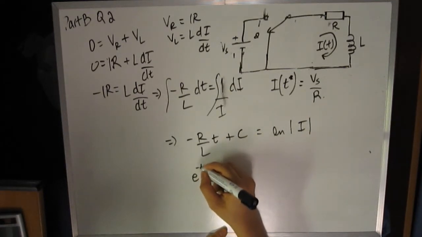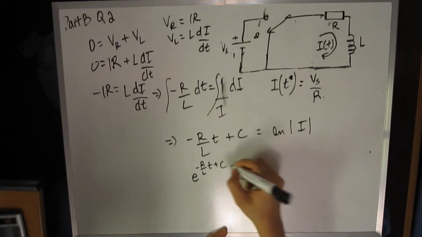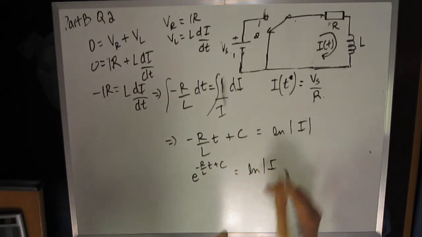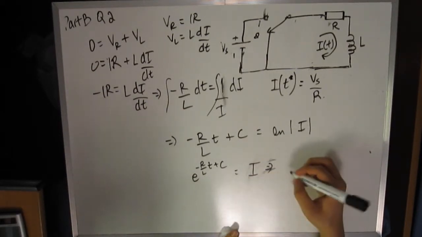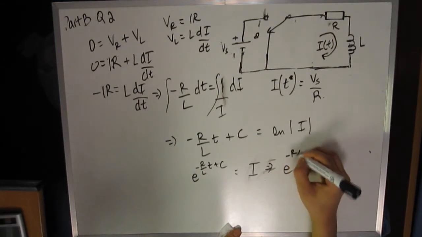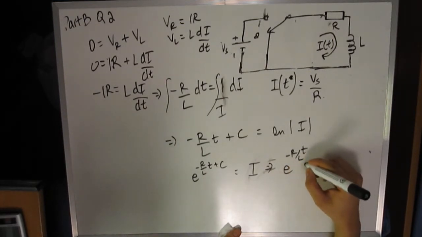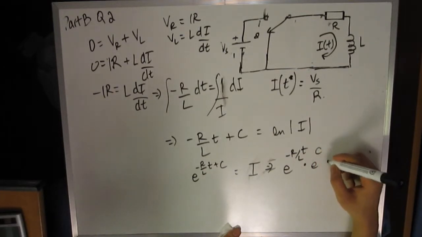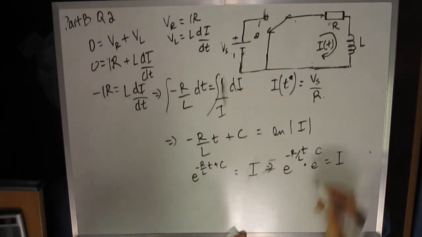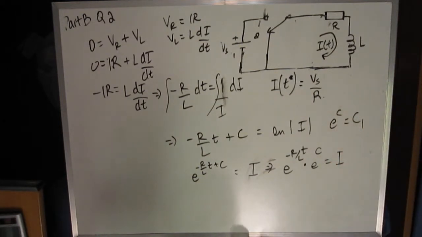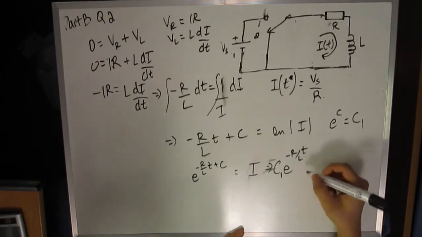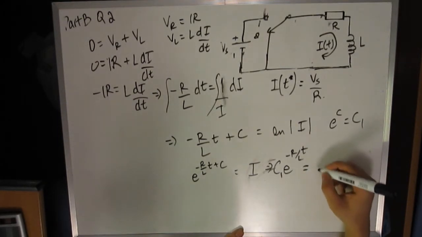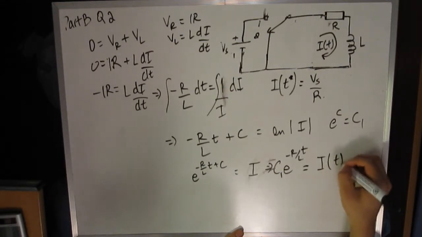So you get e to the negative R over L t plus c is equal to I. You can rewrite this as e to the negative R over L t multiplied by e to the power of c equals I, and e to the power of c can basically be c1. So you can have your final equation as c1 multiplied by e to the negative R over L t is your I of t. So that's your final equation right now.